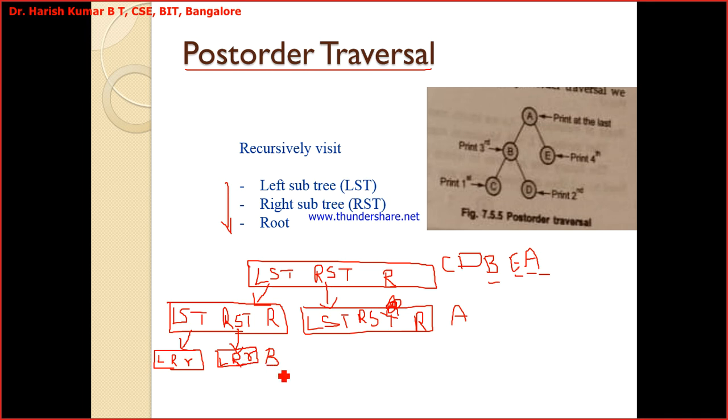Now I come to this A. I check whether there is a right subtree. The root node for the right subtree of A is E, and this A I'll write as it is. Now I check whether there is a left or right subtree for E. There is none, so I don't expand them. Next, what is the root node for the left subtree of B?